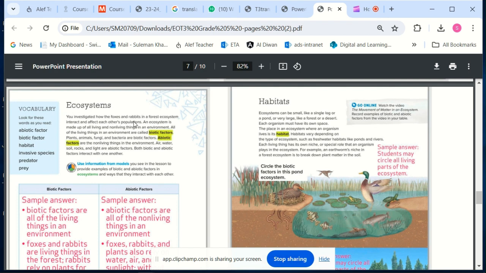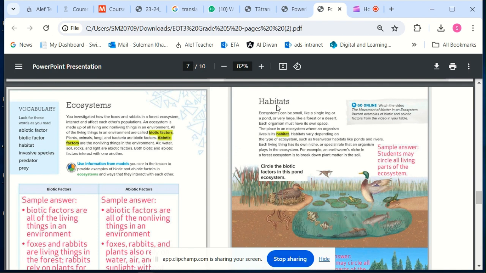Ecosystem is all the living things and non-living things. Living things are called biotic. In علوم, living things are called biotic, أحياء. Non-living things, غير أحياء, are abiotic. The two together make an ecosystem.